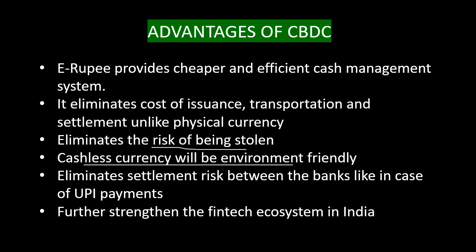Unlike paper currency, it will not cause any harm to the environment. Eliminate settlement risk between the banks, that is in case of UPI payments. The UPI payments that we generally do usually take around 1 to 7 days for interbank settlement, but CBDC is settled immediately and does not involve any interbank settlement mechanism.